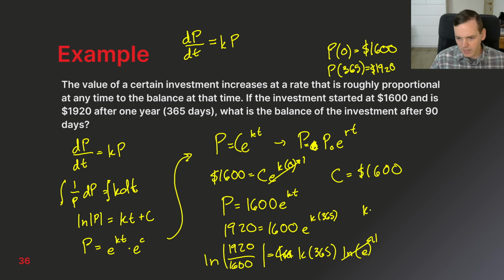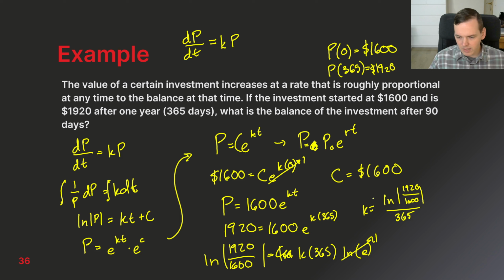This gives us a k value of ln of 1920 over 1600, divided by 365. I didn't actually solve it.